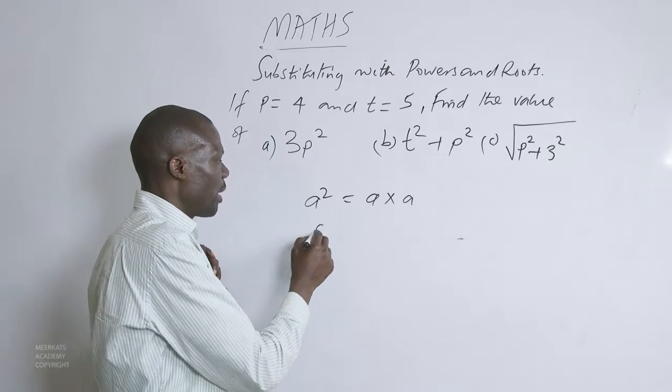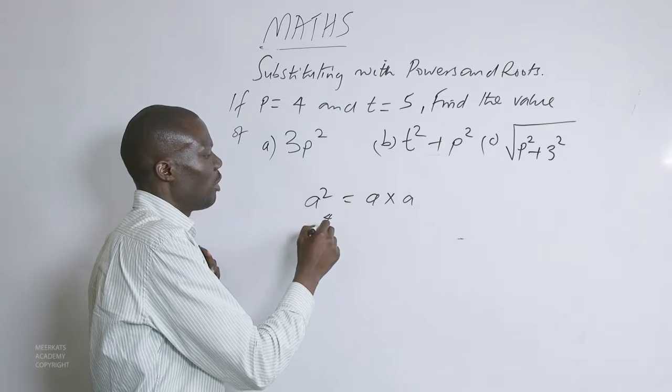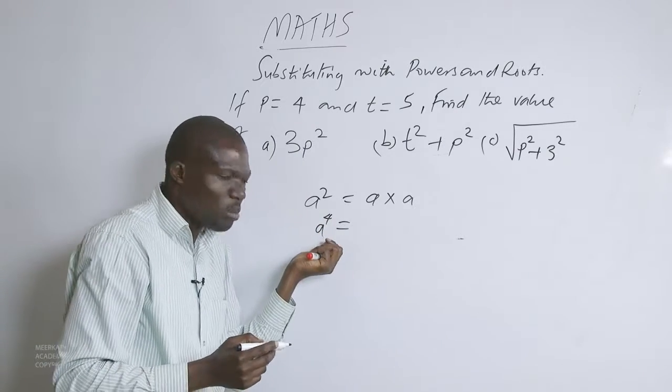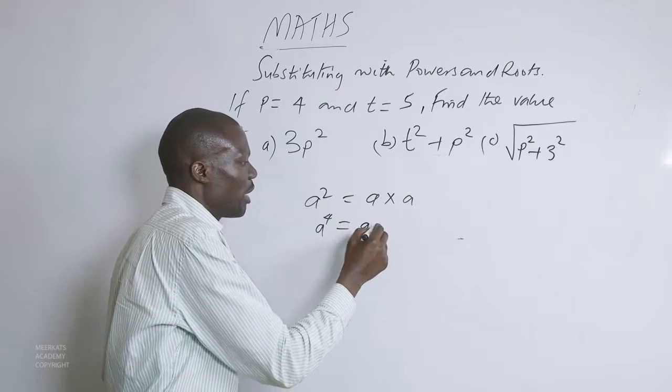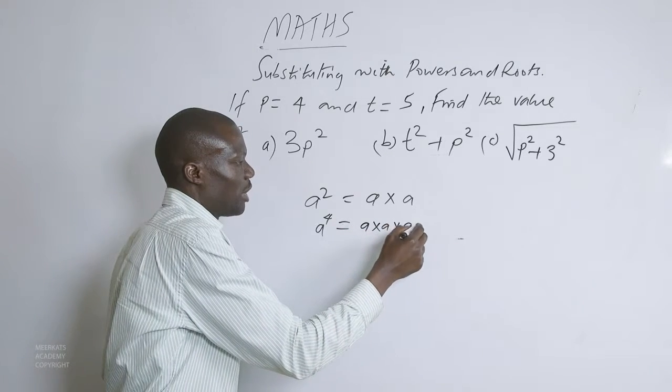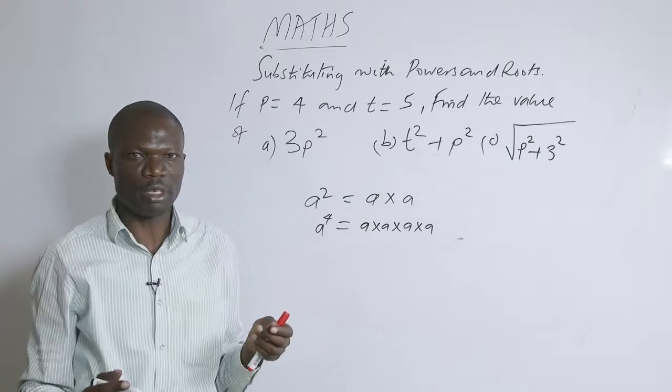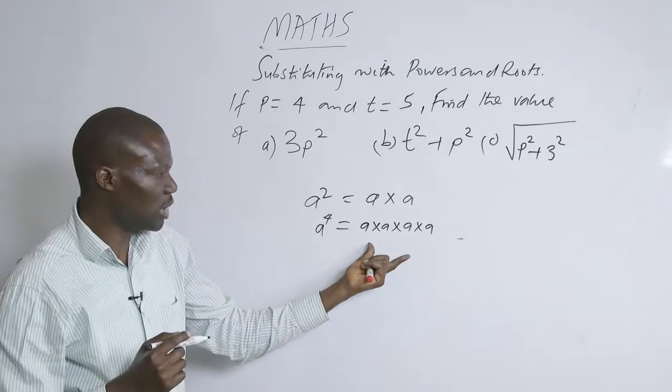If we had A raised to 4, it will mean we multiply the number by itself 4 times. So this will be equivalent to A times A times A times A. How many times? 4 times. So this is the case.